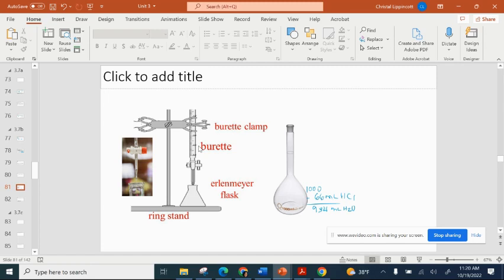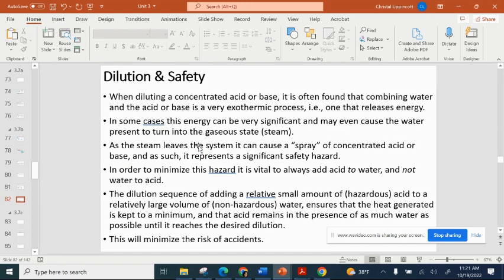You may end up with 950. So don't do this. You add your 66 mils of HCl and you fill up with water until the meniscus reaches the etched line. Okay, do not make that mistake. It happens every year. Don't do it.